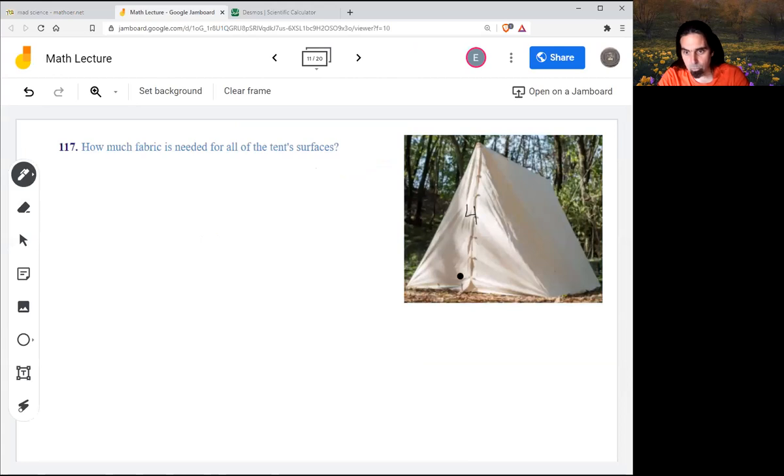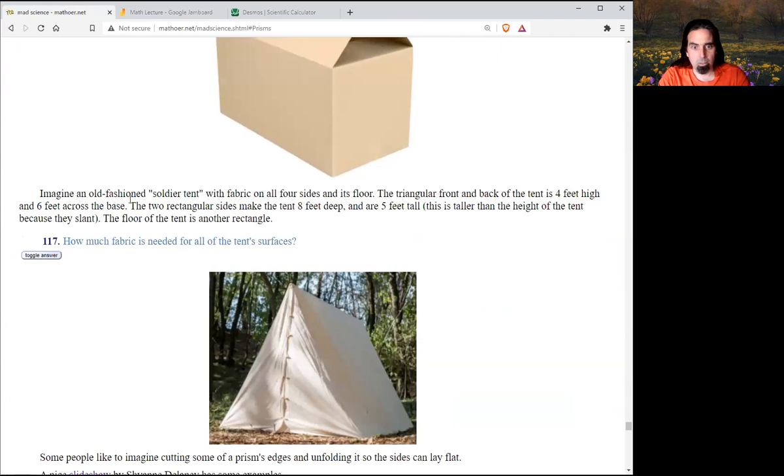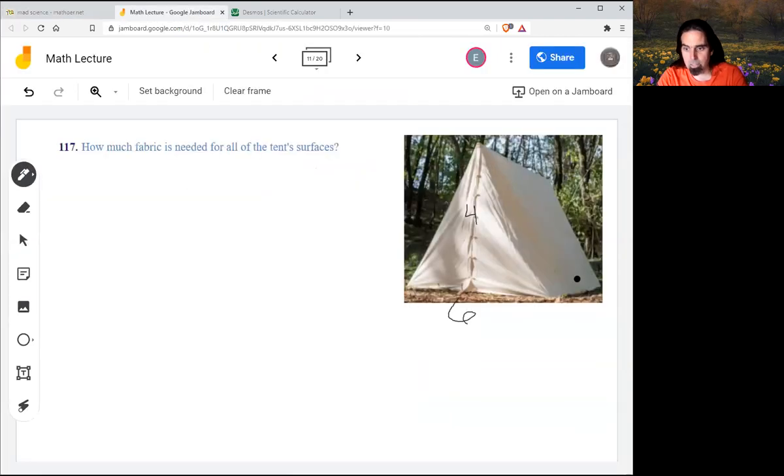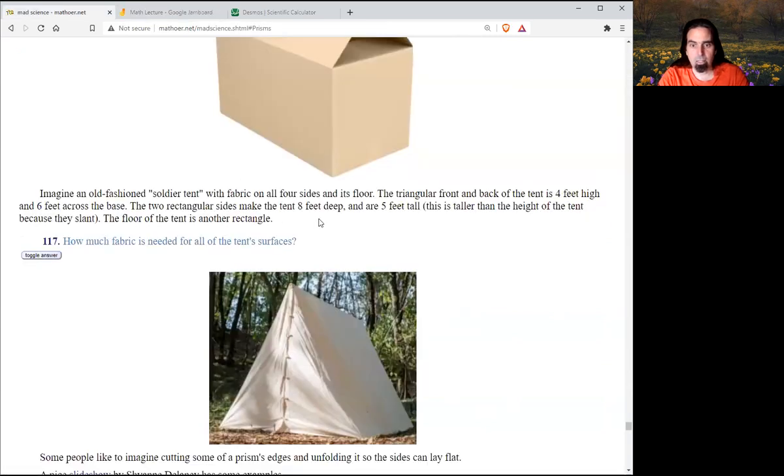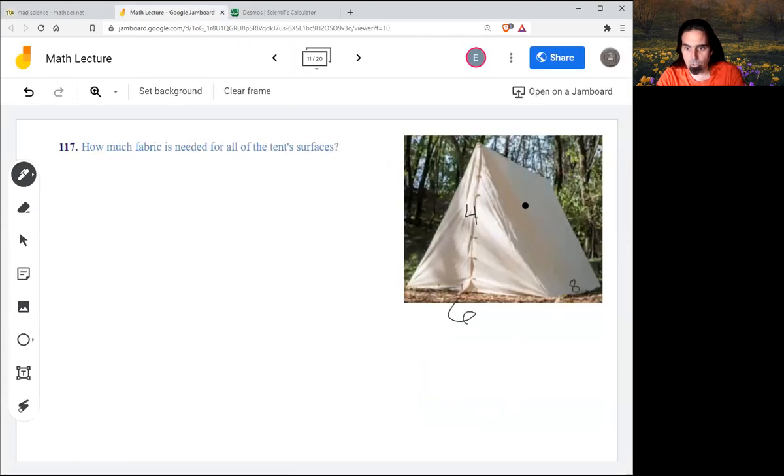So this is 4 and the base is 6. This tent is 8 feet deep. So this length here is 8. And it's 5 feet tall along this diagonal. Everyone okay with how I labeled it? Yeah.